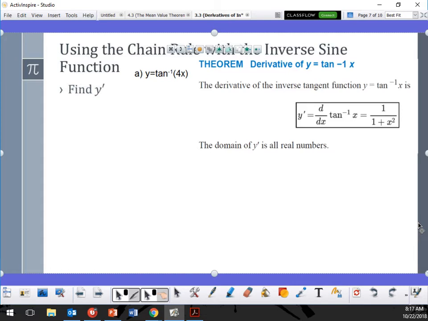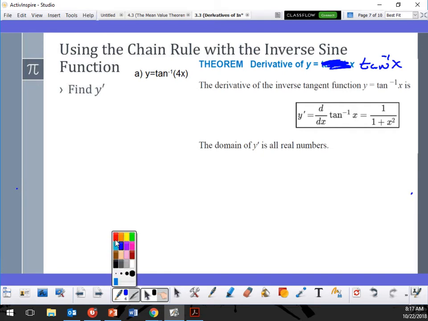Okay, and now on this one, I have a typo that I cannot stand. All right, there we go. That looks better. Anyway, now let's go ahead and do this one. Given this much information, I could go through and say, what's the derivative of the inside? Just 4.